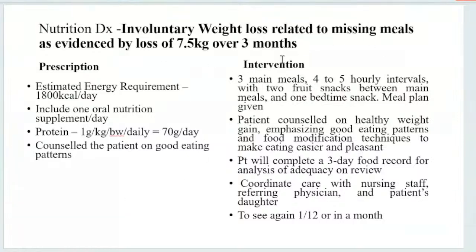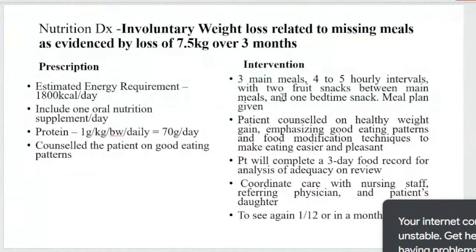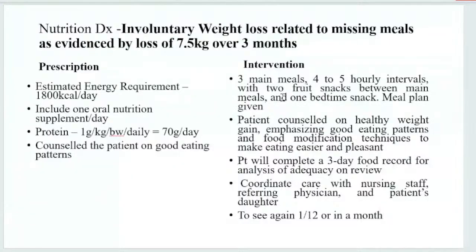But when you look at the actual intervention that is recorded in the person's folder, we are saying that the patient should take 3 main meals, 4 to 5 hours interval. So it means that every 4 to 5 hours, the person is supposed to eat a main meal with 2 snacks in between the main meals and 1 bedtime snack.